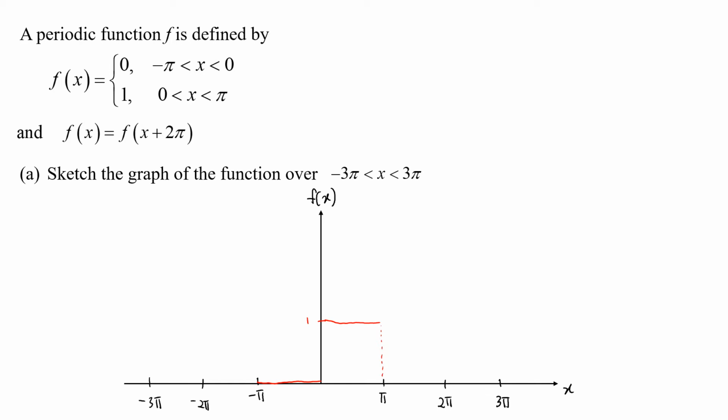So it is repeated: for the first period it is 0, and the second is 1. From negative 2 pi to negative pi is 1, from pi to 2 pi is 0, and from 2 pi to 3 pi is 1. So now we have already sketched the graph from negative 3 pi to 3 pi.